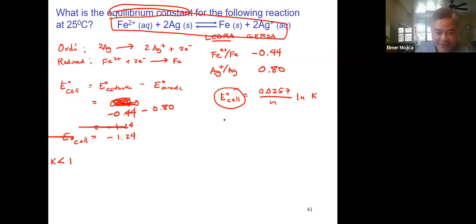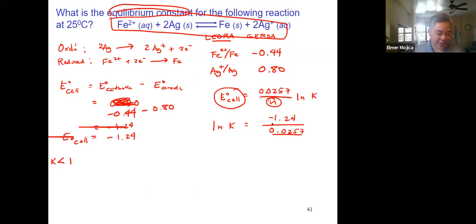If you're going to rearrange that, what will you have? You have ln K equals E cell, negative 1.24, divided by 0.0257 divided by n.